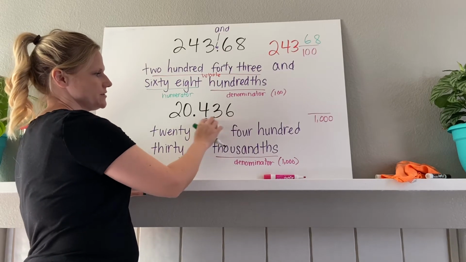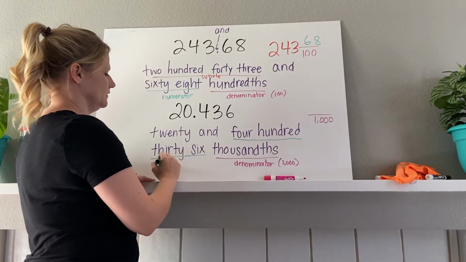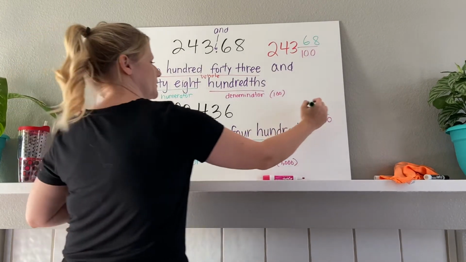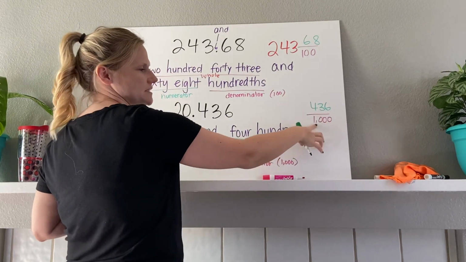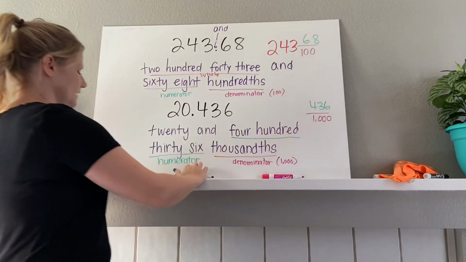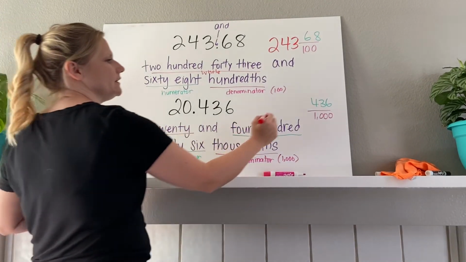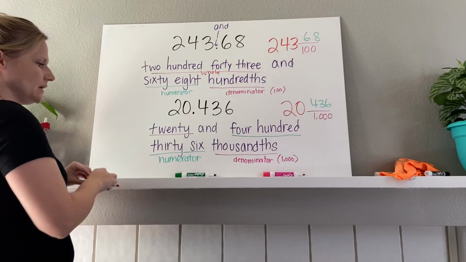So that 436 is what is going to be your numerator. So we're going to write 436. So 436 thousandths is how you would say that fraction. And then again, we have a whole number on the left side of our decimal, which is 20. So we're going to write 20 as our whole number for our mixed fraction.